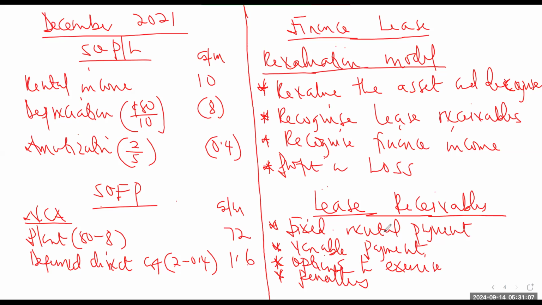Then we can also have what we call the residual value. So we have the issue of the residual value, which can be guaranteed or unguaranteed. What do we mean by residual value? It is the value of the asset at the end of the lease period, that is, how much you can sell the asset for at the end of the lease period.